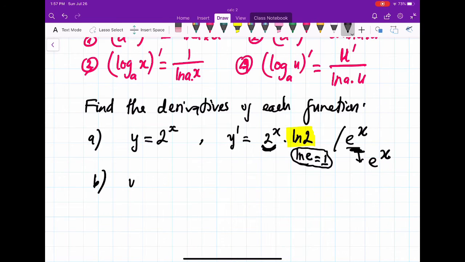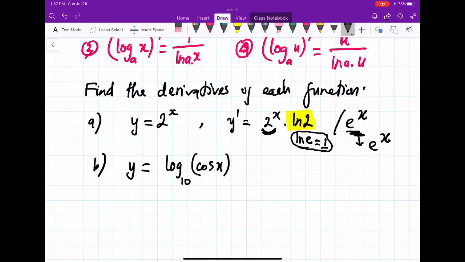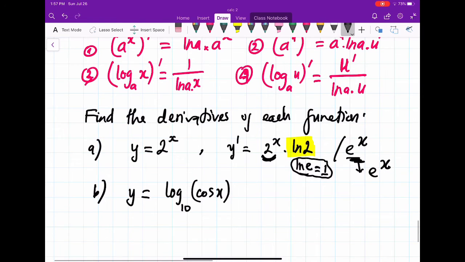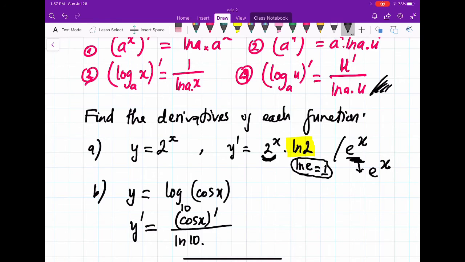Let's find the derivative of the following function. So we need to use the chain rule, of course, and the formula right here. So y prime is equal to u prime, meaning the derivative of cosine of x, divided by ln of 10 times cosine of x.